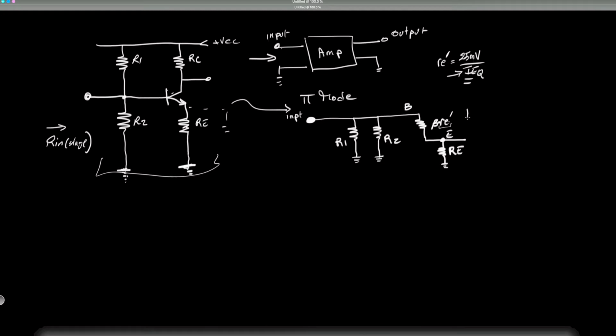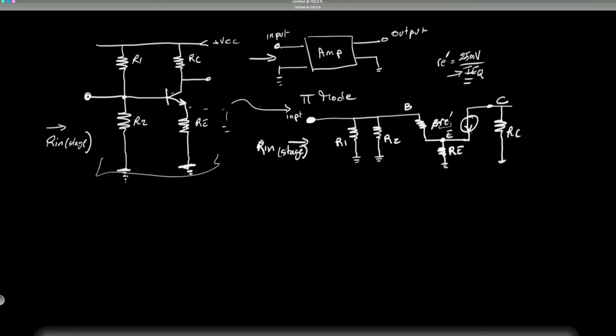So this is a particular case, and this is why we're doing this analysis, to figure out what is Rin of the stage of this particular common emitter amplifier. And then we have RC to ground here, this being the collector right here.